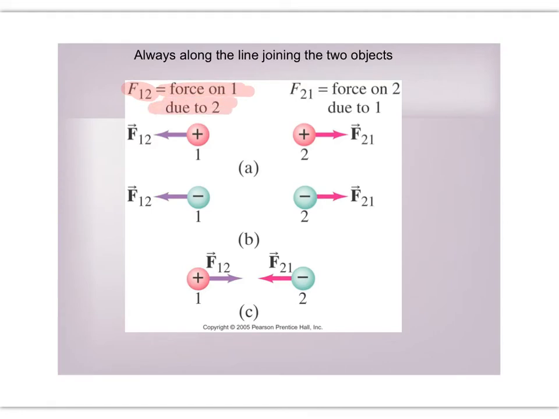And so if I look at A, we've got a positive charge number 1 and a positive charge number 2. They're going to repel one another. And so object 1 is going to feel a force to the left because of object 2. Object 2 is going to feel a force to the right because of object 1. And so we can figure out the magnitude, but we also have to think about direction.